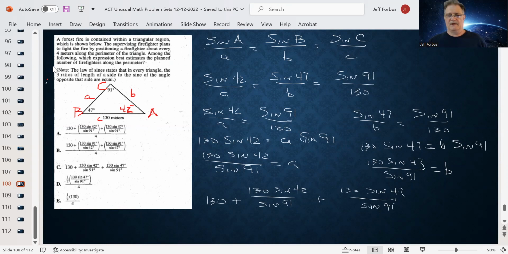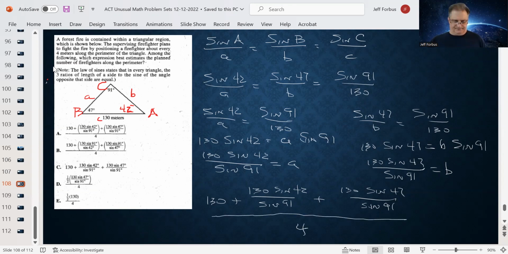Okay, now we've got one more thing to do. We want to make this in divisions of 4, because it says the supervising firefighter plans to fight the fire by positioning a firefighter about every 4 meters along the perimeter. So we need to divide this whole thing by 4.